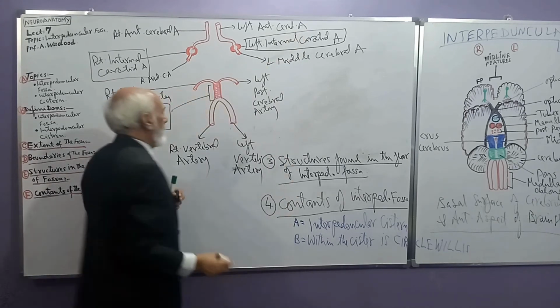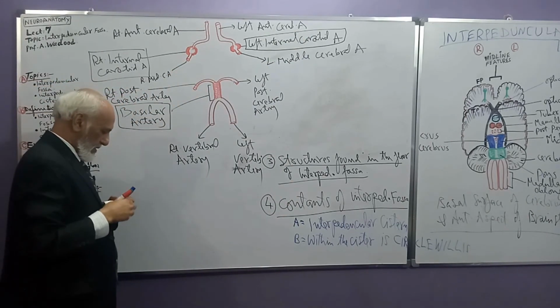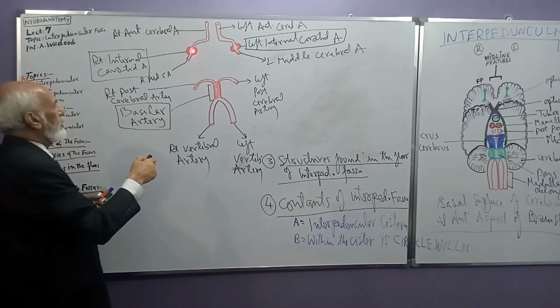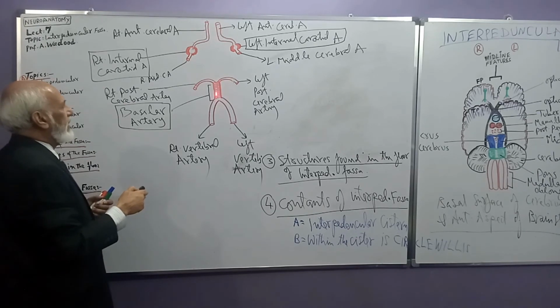The internal carotid artery, which is a major artery, divides into the middle cerebral artery and anterior cerebral artery. The basilar artery divides into the posterior cerebral artery.